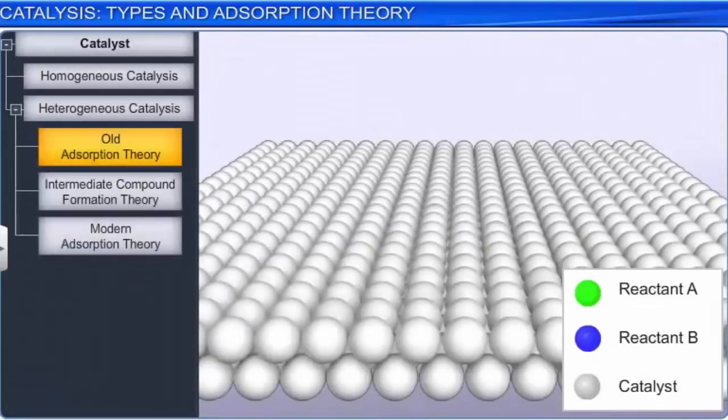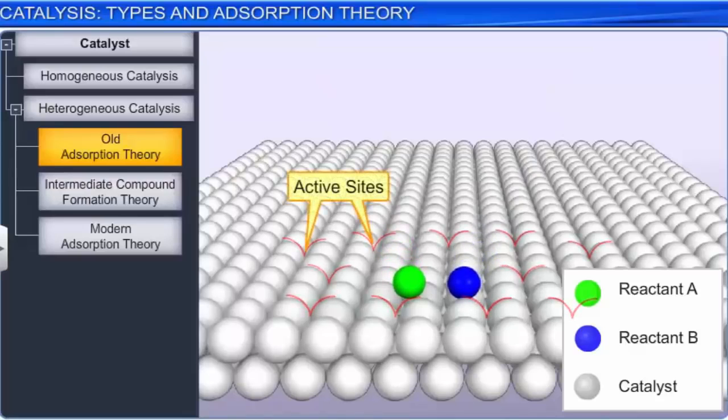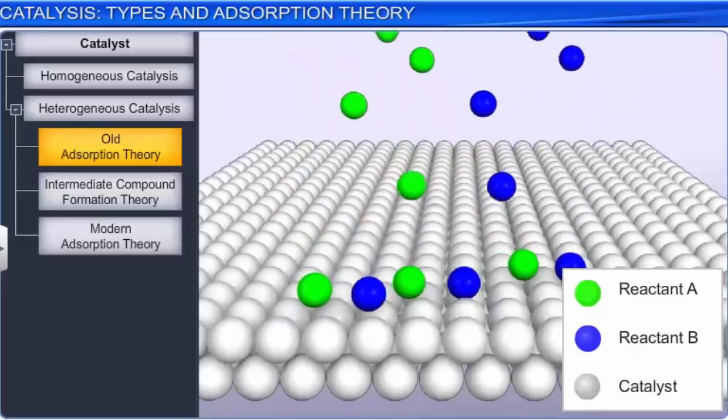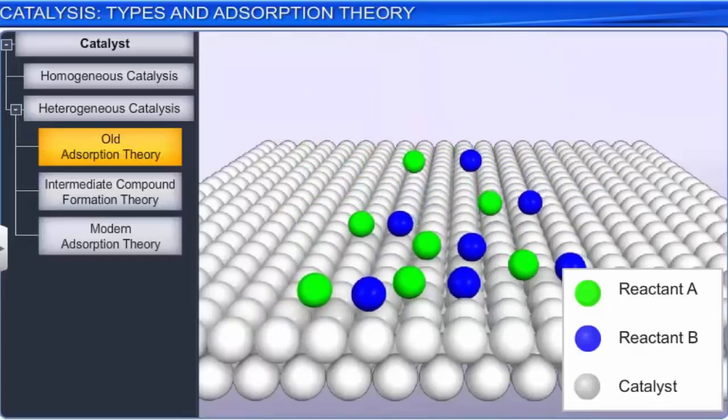According to the old adsorption theory, the reactants in the gaseous phase and the solution phase are adsorbed at the active sites on the surface of the catalyst. This results in an increase in the concentration of the reactant molecules on the surface of the catalyst. As a result, the rate of reaction increases.